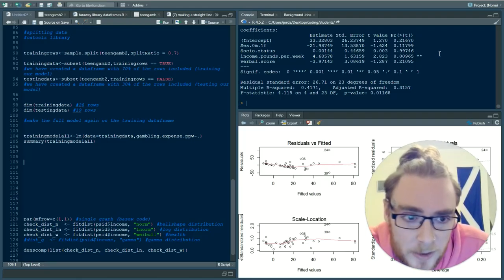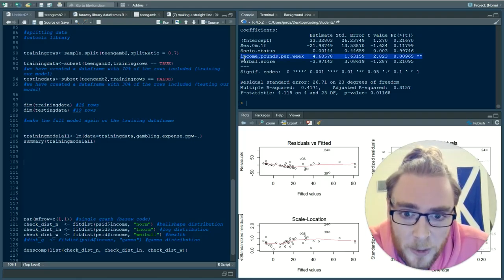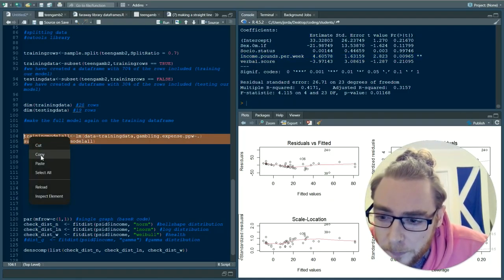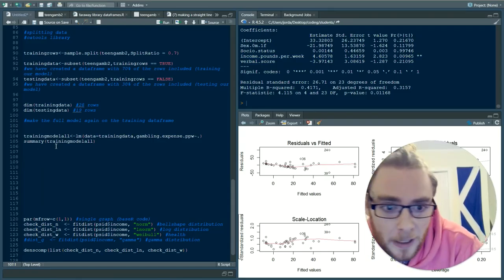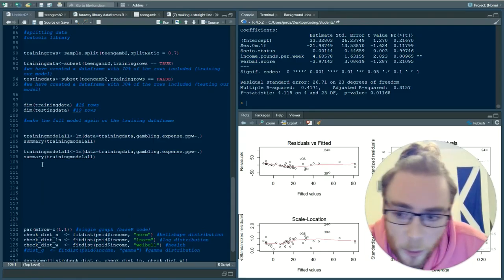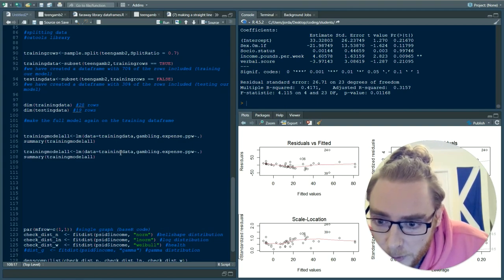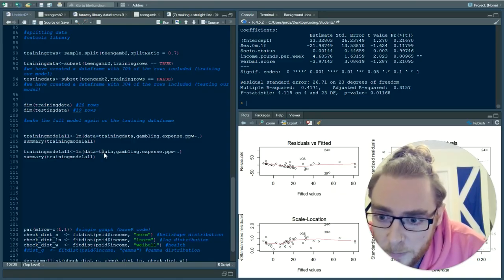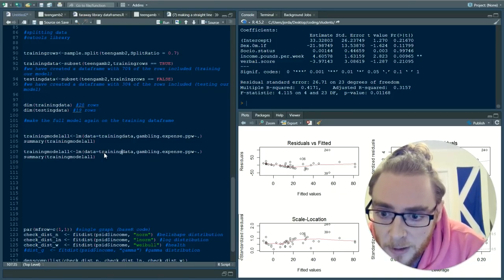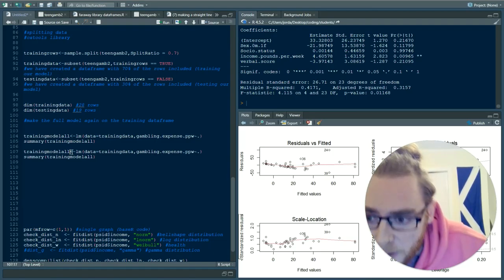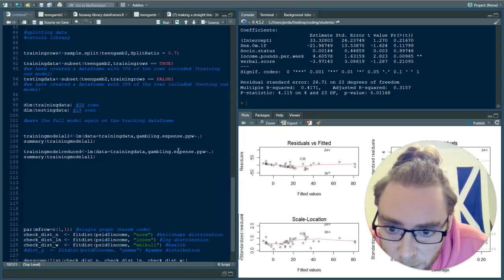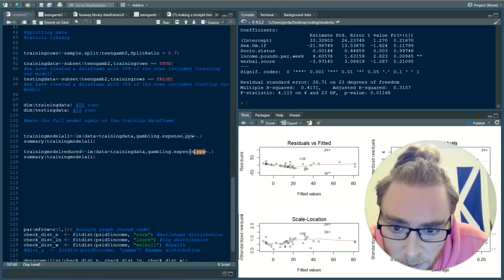So what I will do now is I'll only include this one, income pounds per week, in our new model. So, sorry, we're going to do training data again. We're going to do training model reduced. We're only going to include the single predictor that shows up as important here.